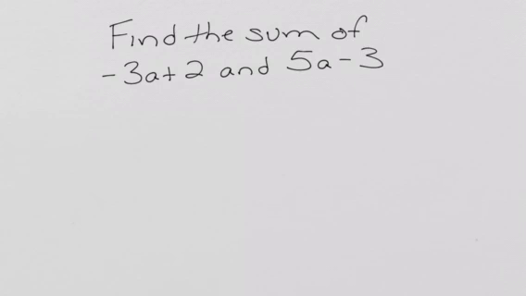Find the sum of negative 3a plus 2 and 5a minus 3. Well, they all have to be additions, so I'm going to write negative a plus negative a plus negative a plus 2 plus a plus a plus a plus a plus a, 1, 2, 3, 4, 5, plus negative 3.